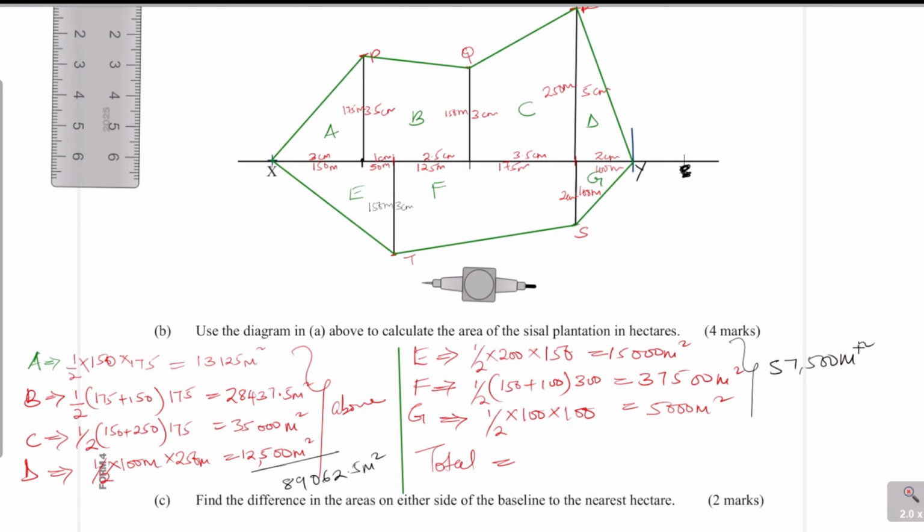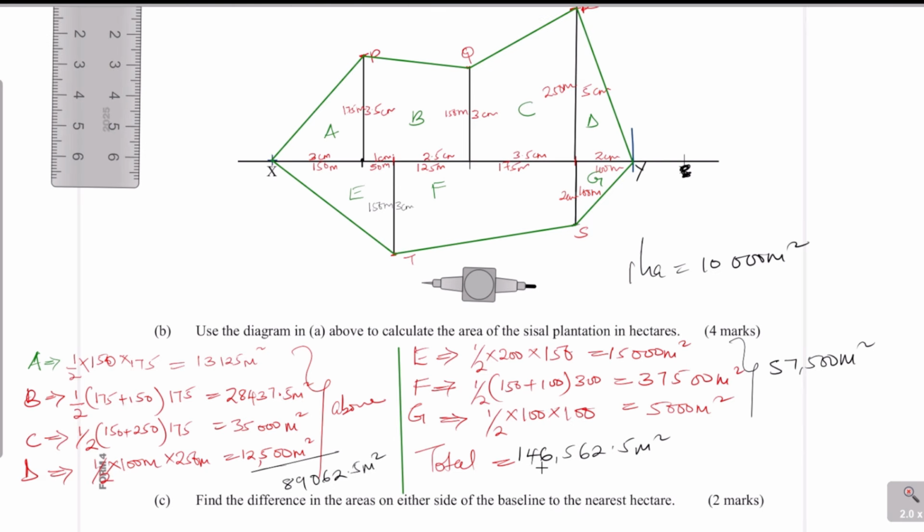You add the offsets above and below; the total will be 89,062.5 plus 57,500. That gives 146,562.5 meters squared. Now to convert this into hectares, remember 1 hectare is equivalent to 10,000 meters squared.